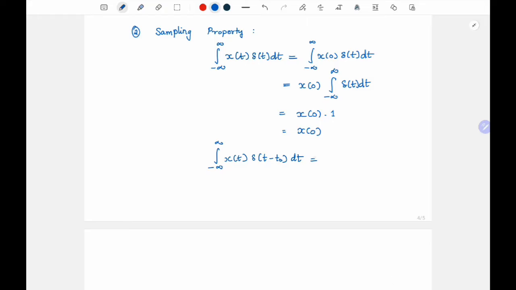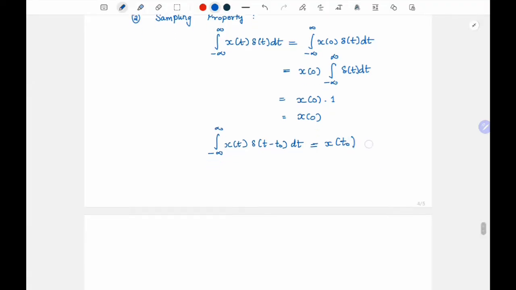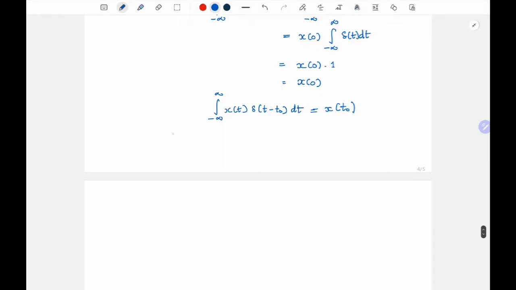So this will actually give you the value of x of t at t equal to t naught. So this property of the impulse function is called the sampling or shifting property.